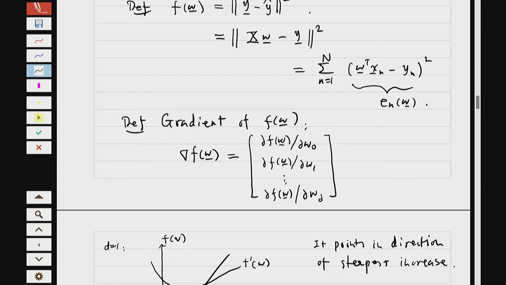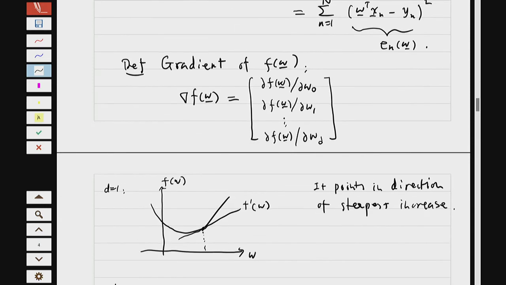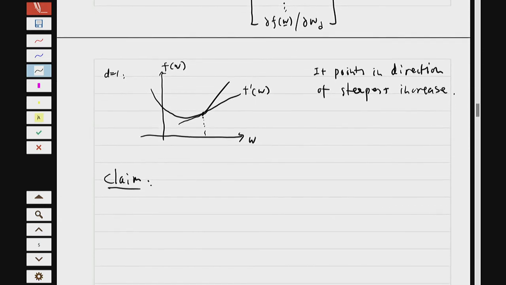That's just the error per sample point, the error for the nth sample point. So the first claim is that when you take the gradient, what are you going to get?